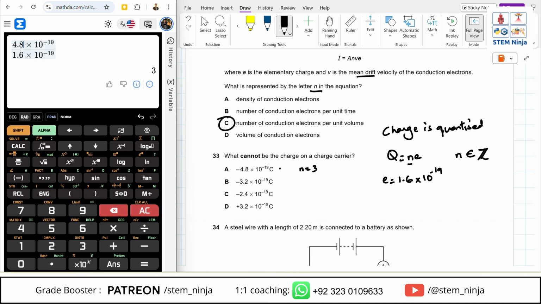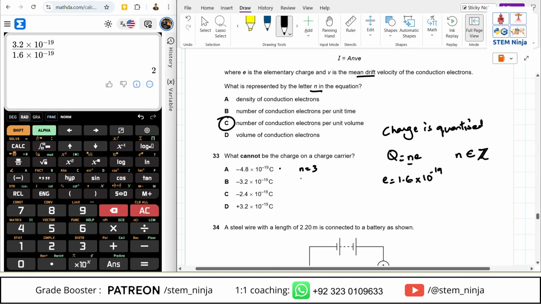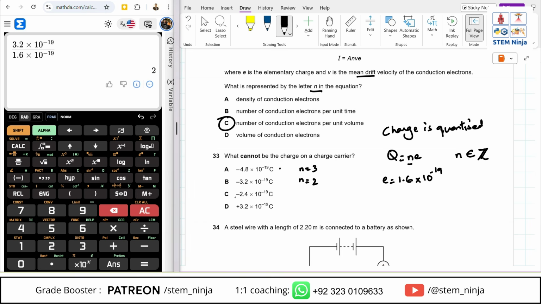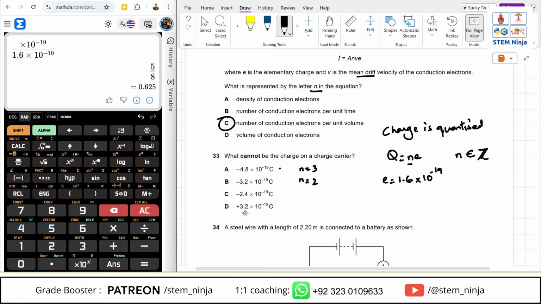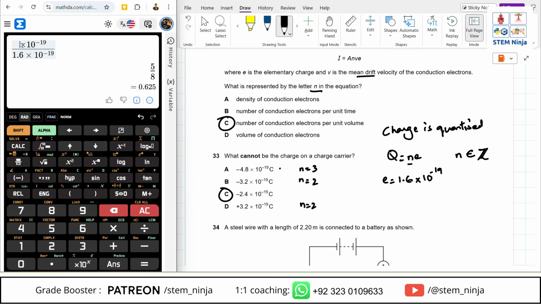Then we have minus 3.2, that would also give us an integer number, so n is equal to 2. That is still correct. Minus 2.4 is going to be the odd one out, because you see the plus 3.2 will also give us n equal to 2. This is the only one that is giving us a different number, 3 over 2, that means this cannot be true.